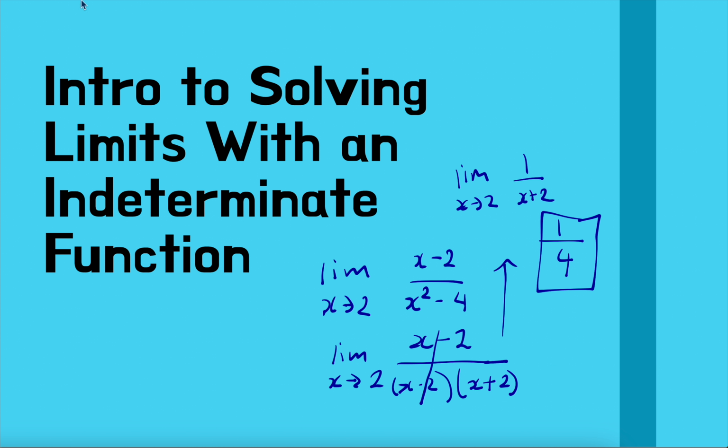And just to let you know, any constant that is not 0 divided by 0 is not indeterminate. So what I mean is 7 over 0 is not indeterminate. The indeterminate form is only 0 over 0.